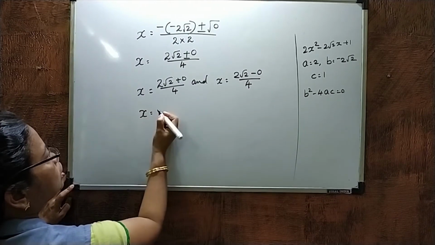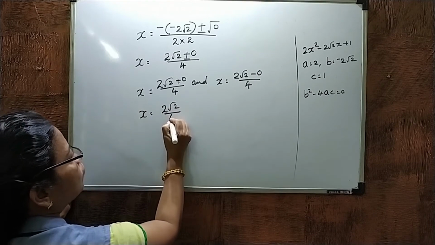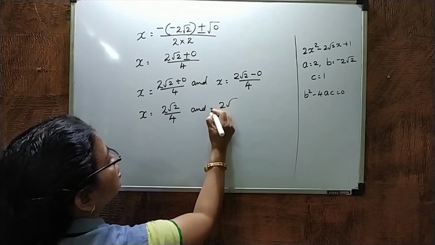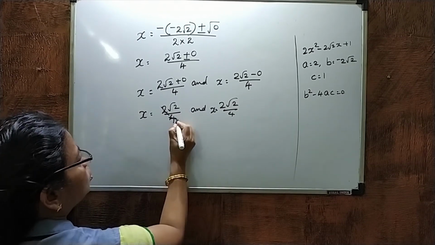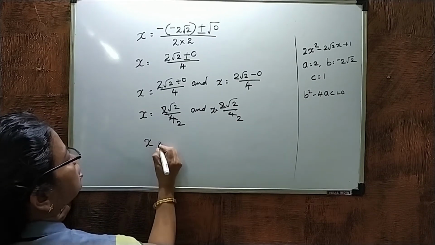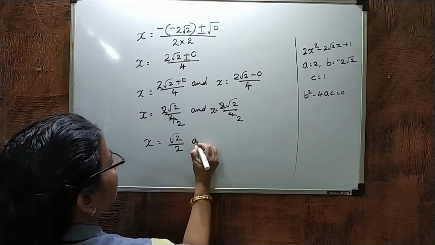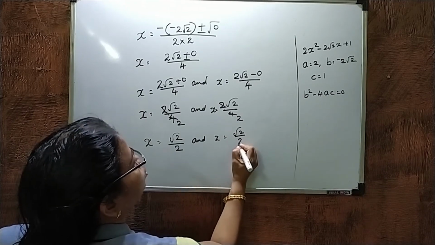So x is equal to 2 root 2 plus 0, it is 2 root 2 by 4, and x is equal to 2 root 2 by 4. So here root 2 by 2 you will get, x is equal to root 2 by 2 and x is equal to root 2 by 2.